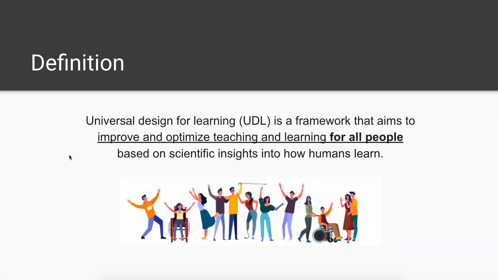You want to adhere to not only the differences in abilities, because students need ADA compliance due to disabilities that they have, but also you want to think about your students and their different talents, their backgrounds, their ages, and things like that. And you're really adhering to them based on these insights about how we learn and how differently we learn. Some people say that the way we learn is as different as our fingerprints. So following the UDL guidelines is really a great way to reach your entire class.